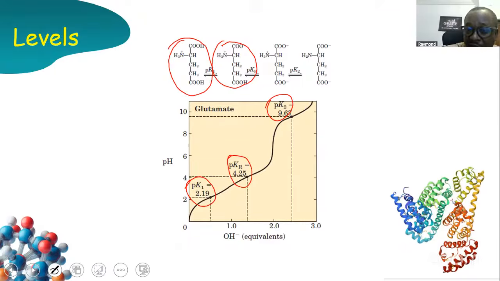So you can see here, at a pH of 9.67, the total charge of glutamate is -2. Below that pH, let's say at a pH of 9.6, the predominant form is -1, because we have one plus and two minus, which gives us -1.